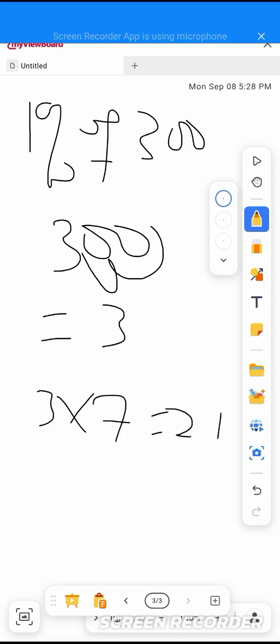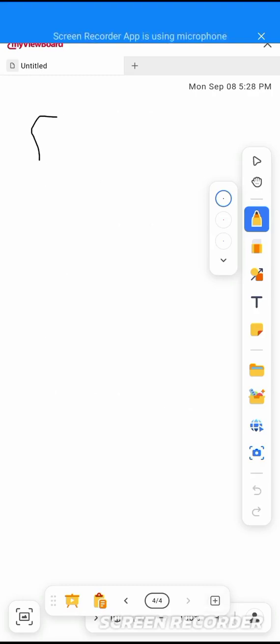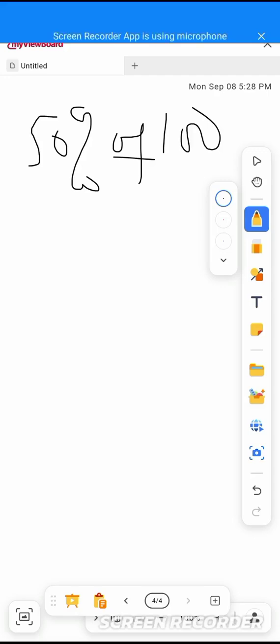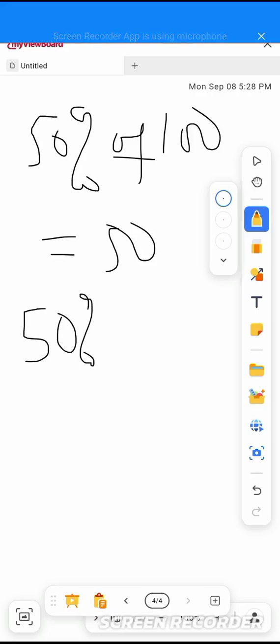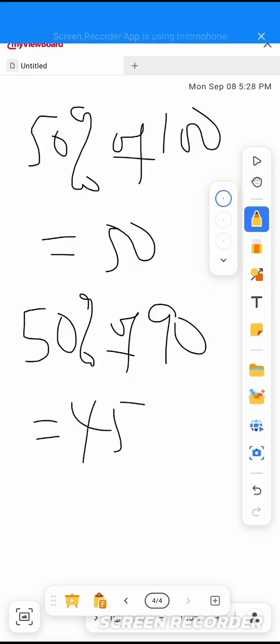So how about 50%? 50% of a number is just half of that number. So let's assume you are asked to find 50% of 100. I know that half of 100 is 50, so my answer is 50. If you are asked to find 50% of 90, I know that half of 90 is 45, so 50% of 90 is 45.